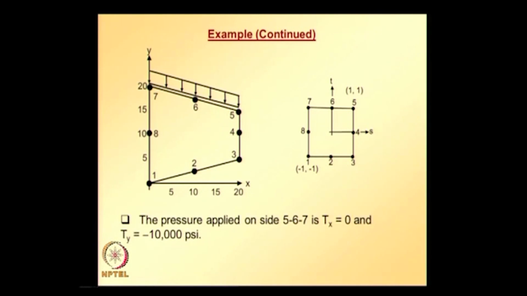So, the value of applied pressure is given here, Tx is equal to 0, Ty is equal to the given pressure. Because this pressure load is applied on side 5, 6, 7, it will result in nodal loads in the y direction only at nodes 5, 6, 7. A 2-point integration is used for evaluating the line integral.